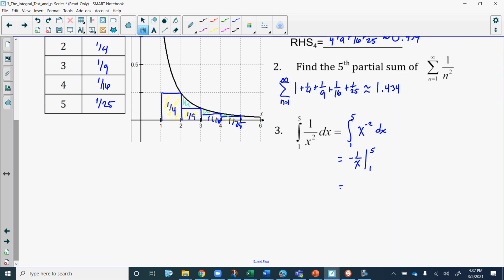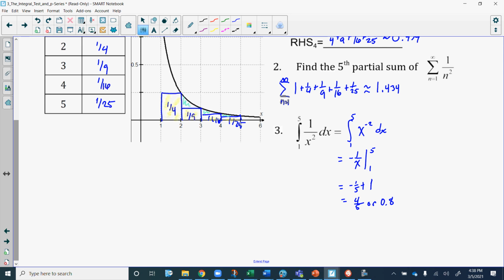We're going to say negative 1/5 minus negative 1 over 1, so that'll be a plus here. 1 over 1 is just 1, and so that works out to be a positive 4/5, or as a decimal, 0.8, whichever you prefer, which again confirms that the estimated area we got from 1 to 5, meaning those 4 rectangles, was an underestimate.